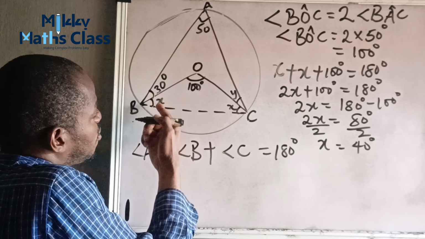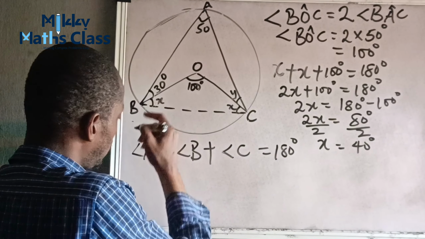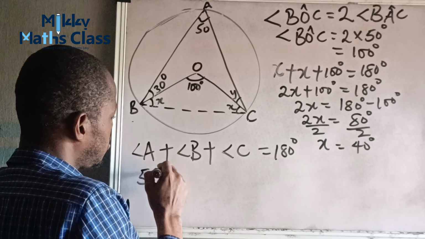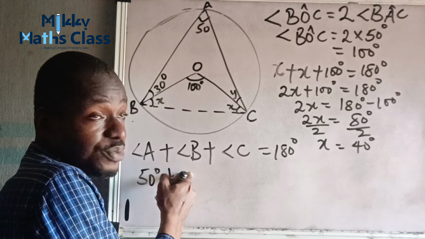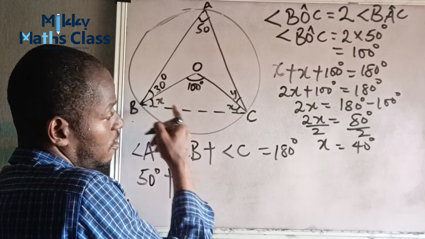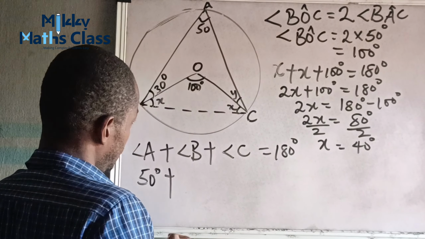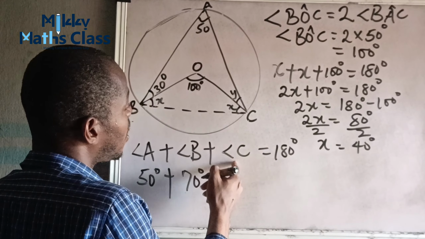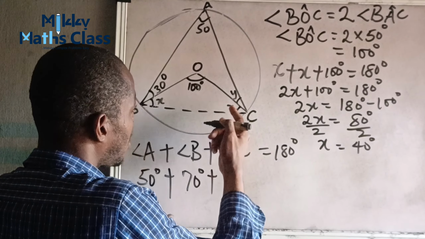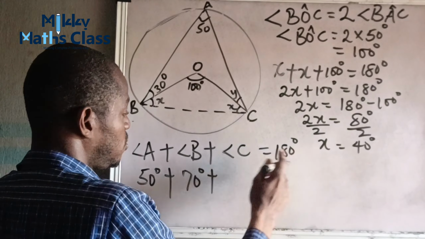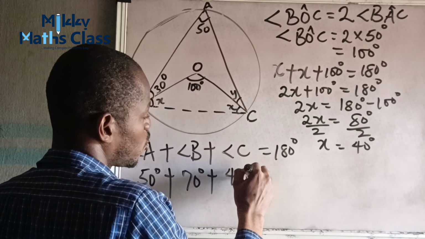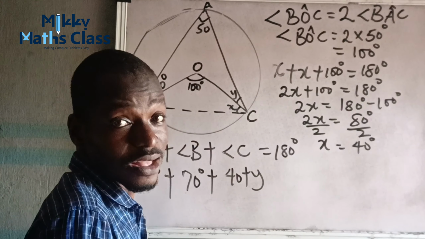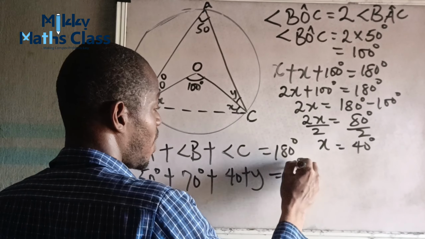So the angle at A is 50 degrees, so let's put 50 degrees plus angle at B, which is 30 plus x, that's 70 degrees, since our x is 40, plus angle at C. We already know that our x is 40. So 40 plus y is the angle at C, which will give us 180 degrees.